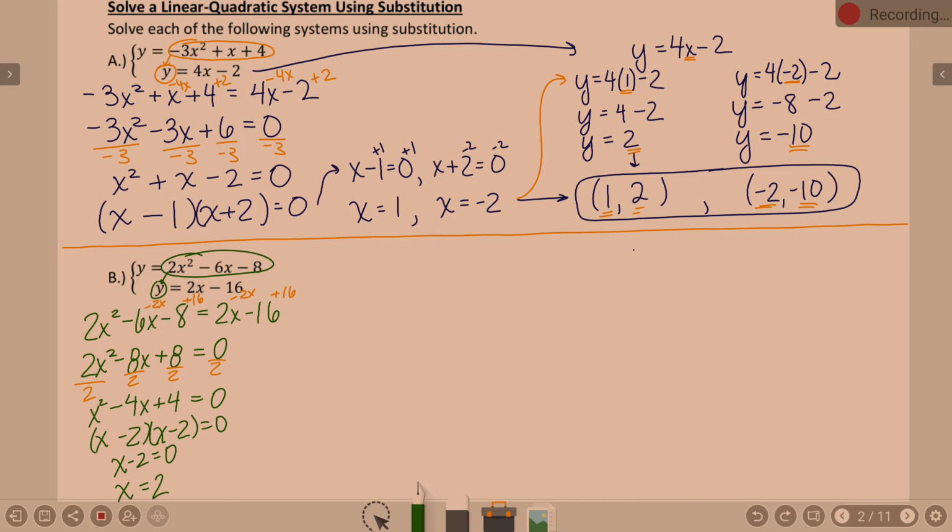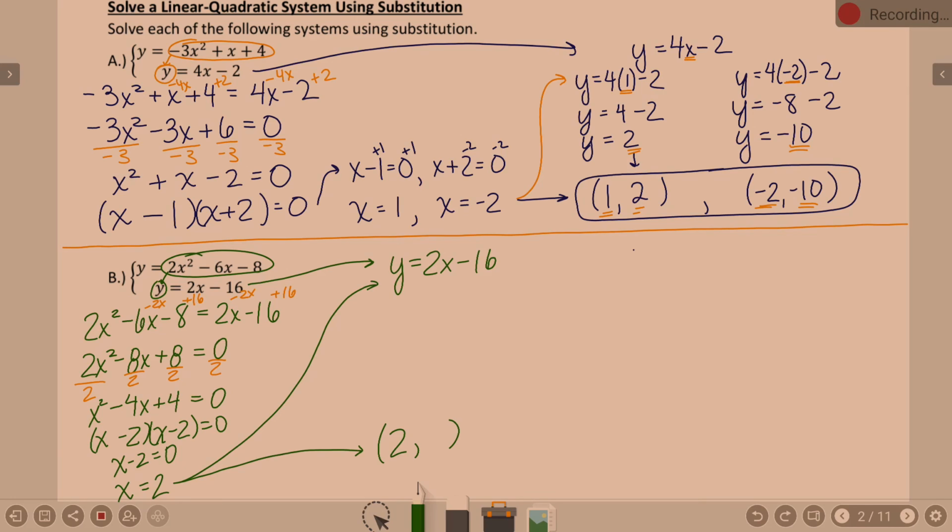Okay, am I done? No. What do we know? We know that my answer is going to be 2 comma something. Plug it into whichever equation makes you happier. Personally, the bottom equation makes me happier.